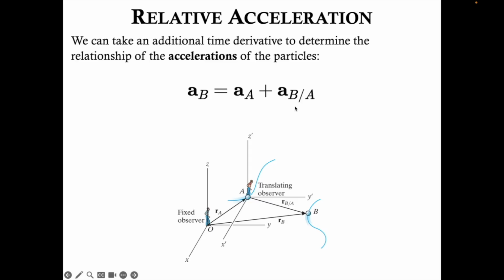Whereas this acceleration vector, a sub BA, would be what the acceleration appears to be of particle B looking from the perspective of point A, or a person located at point A, which is the origin of the translating reference frame.